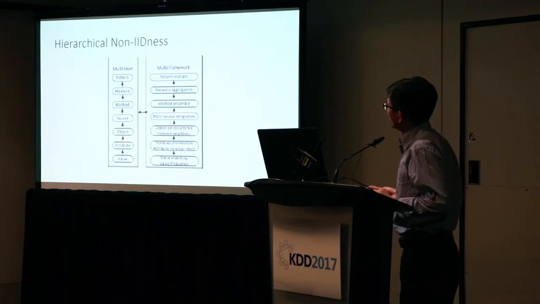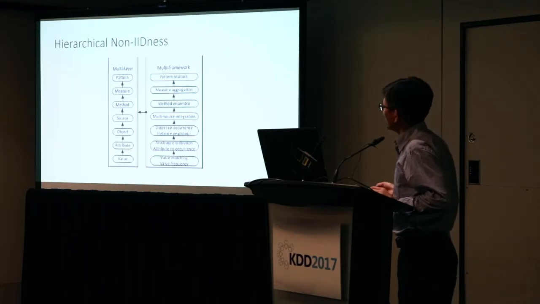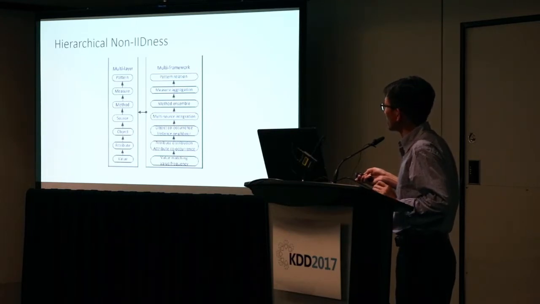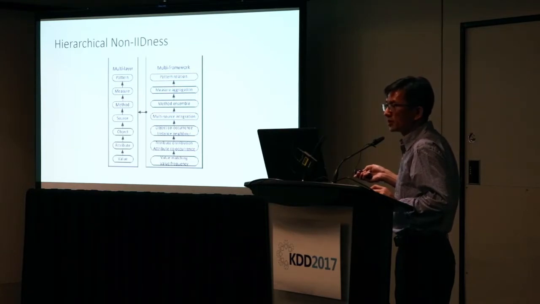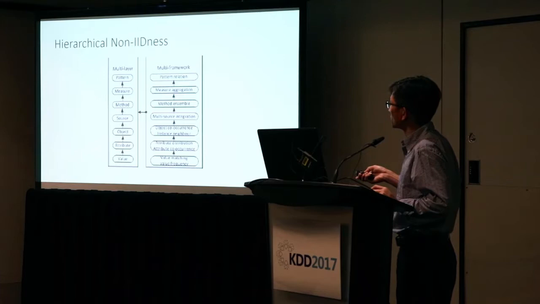And then the second thing is about the hierarchy. What is the hierarchy of these non-IIDs? We think about it from the feature value to feature and to object, covering sample, instance, and also the source, the method, and the measure. The measurements there could be non-IIDness as well. And then we have multiple methods like ensemble learning, and later I will introduce an algorithm there; for ensemble learning we have to consider that.